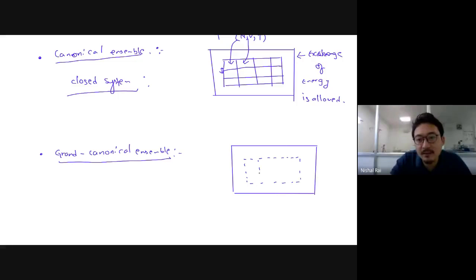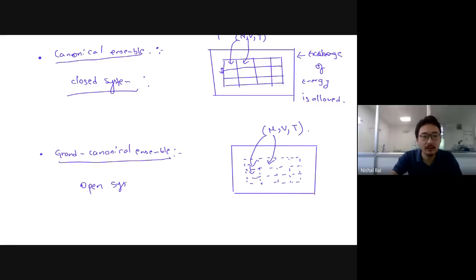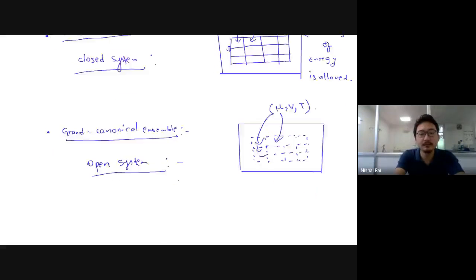So the number of particles are also allowed to be exchanged between the boxes. Clear? From here to here, number of particles can also move, and energy can also get exchanged because they are in thermal contact. So these ensembles are defined by not N but mu, V, and T. So this is basically an open system. Is it clear now? Yes, sir. Okay.